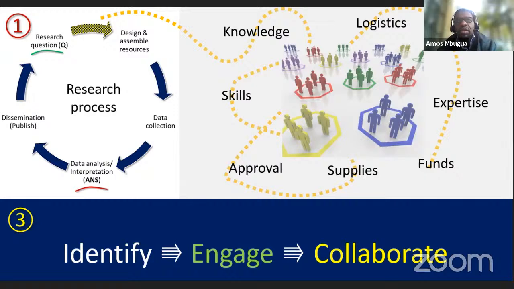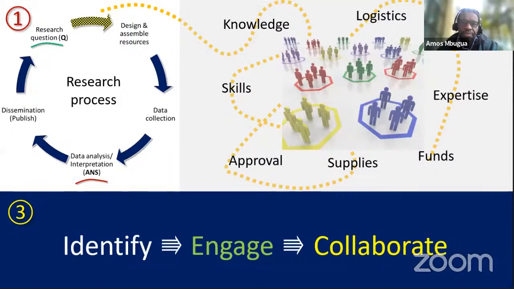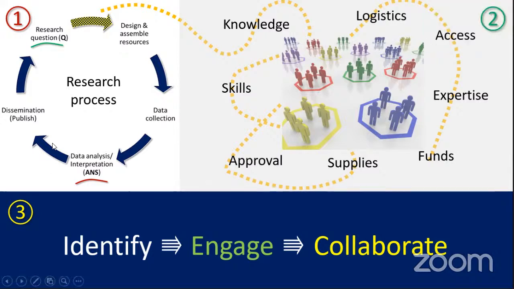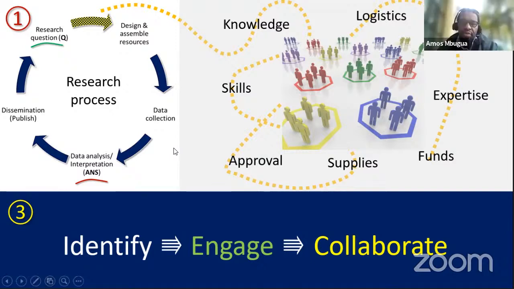The reality is that these resources are found in different people, departments, and institutions. And the challenge that we often find is that these structures, departments, institutions tend to operate as silos. That is, separate, non-interacting entities that may be unaware of the importance or the potential that lies in collaborative engagement.